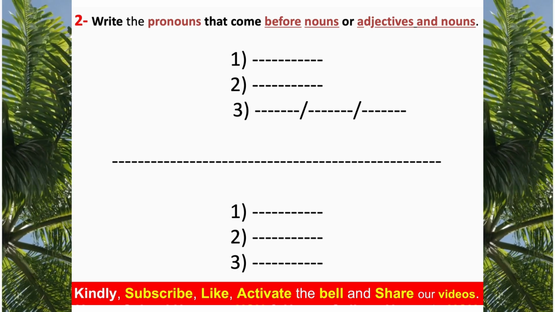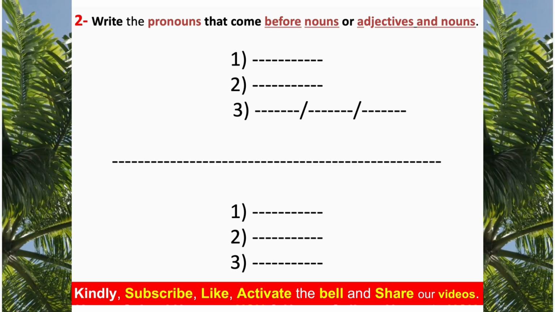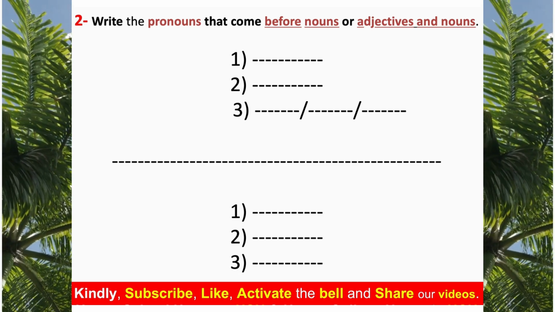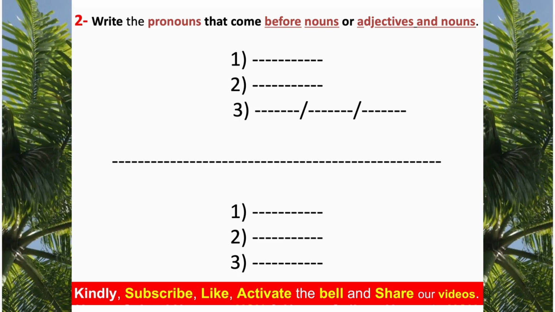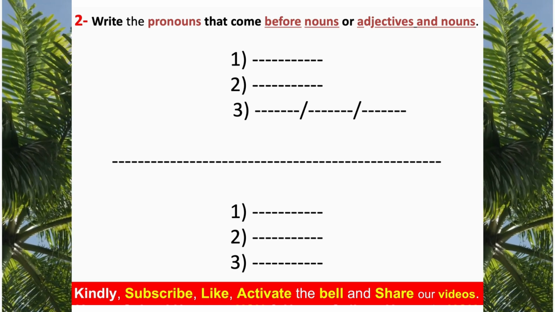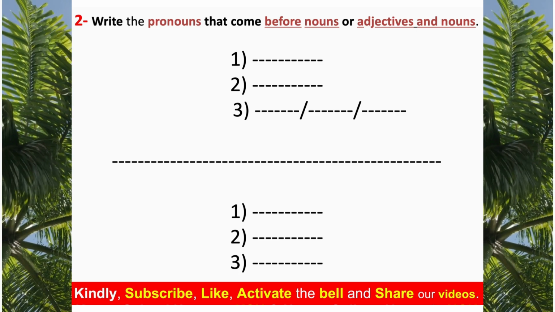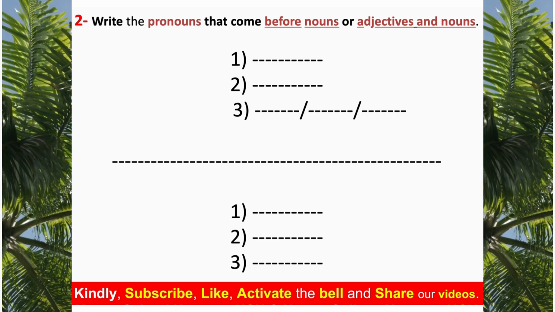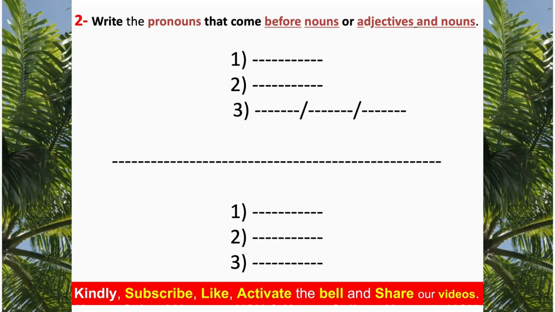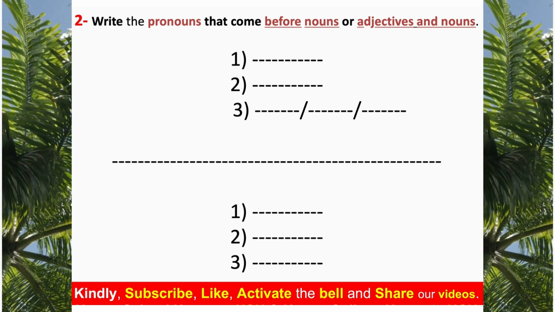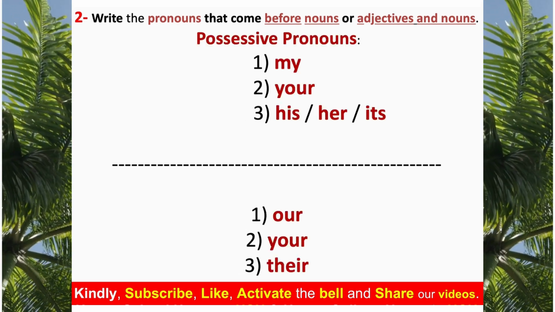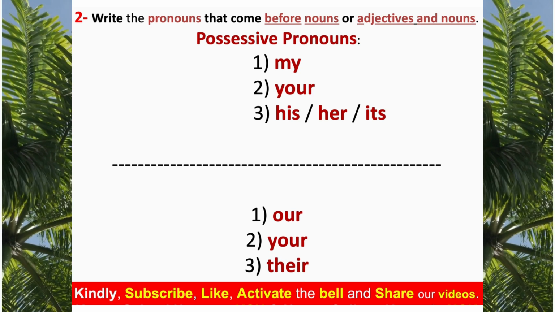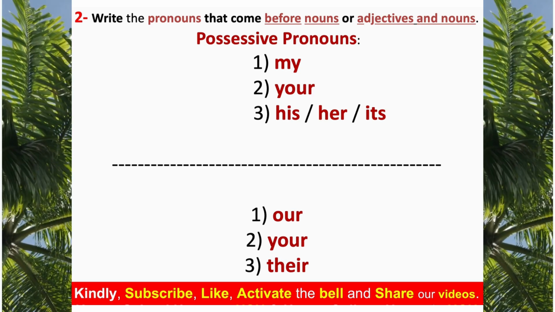So the pronoun is my mother, my father, my sister, my brother, my school. Do you know the family of these pronouns? Let's see the answers. So these pronouns, we call them possessive pronouns.